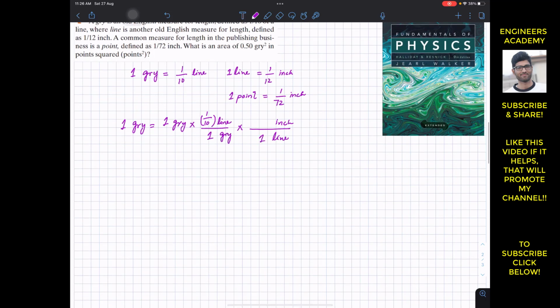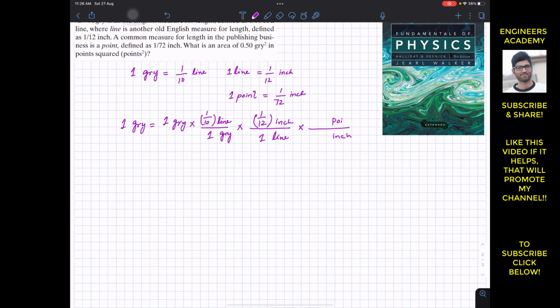Now this gray will cancel out and line will cancel out. Now we want to cancel out this inch, and we want to finally have this gray converted into points. So we will again multiply this by another fraction, and now in the denominator we need to have inches, and in the numerator we will have point.